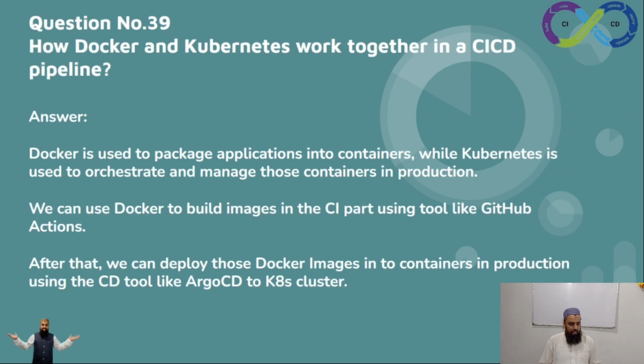Our second last question: how Docker and Kubernetes work together in a CI/CD pipeline. These are also two major tools that work along with CI/CD, and Docker is used to package our applications into containers, whereas Kubernetes is used to orchestrate and manage all those containers in production. So we can use Docker to build images in the CI part.